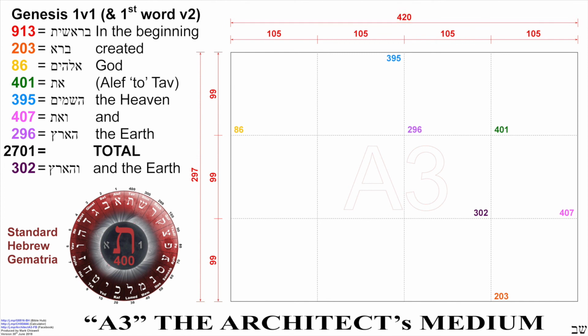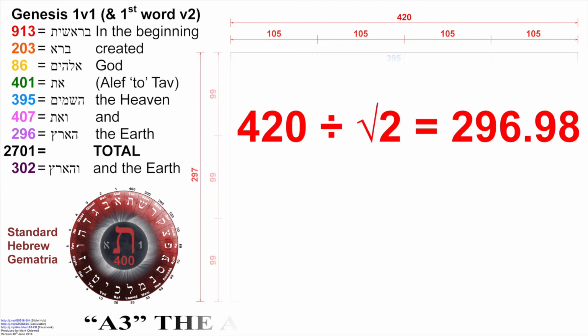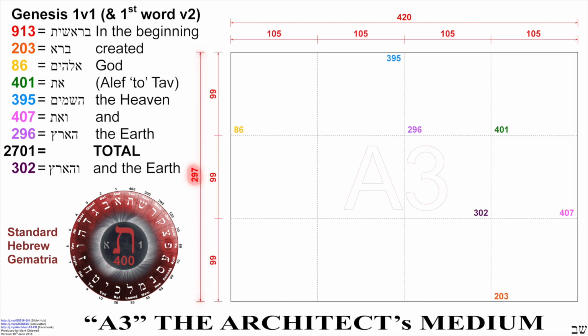The second thing I'd like to say is that when you take that value, 420, and divide it by the square root of 2, the number you get is 296.98, which is rounded up to 297 to form the dimension of the shortest side of an A3 sheet.